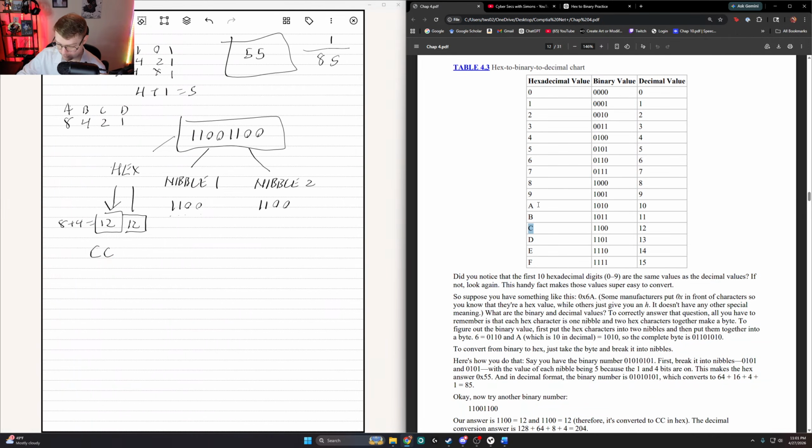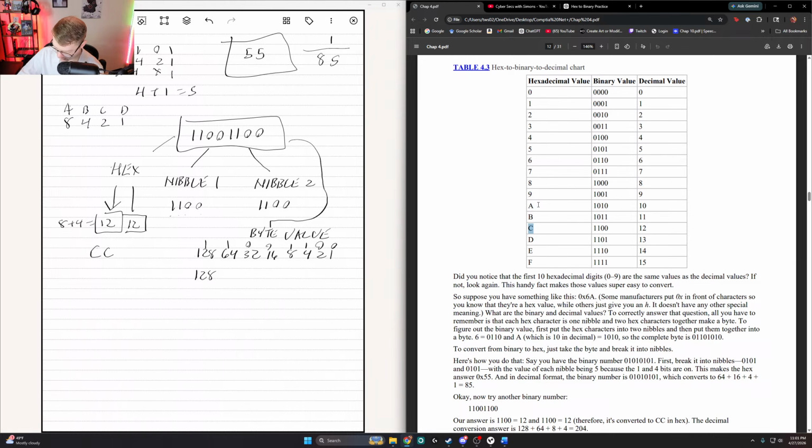And then if we were to convert that into a binary value, we have 128, 64, 32, 16, 8, 4, 2, and 1. We're not breaking it into two nibbles. We're just talking about the byte itself. We have on, on, off, off, on, on, off, off.